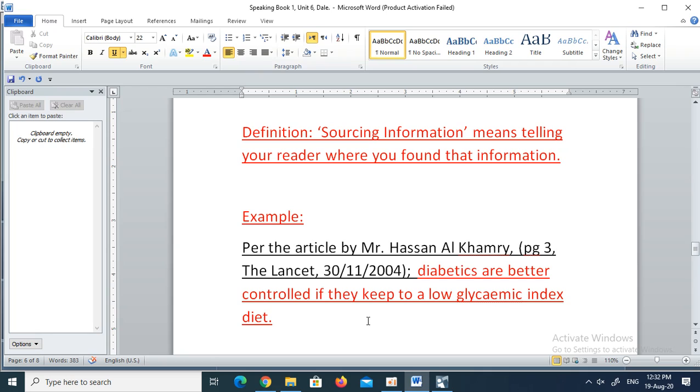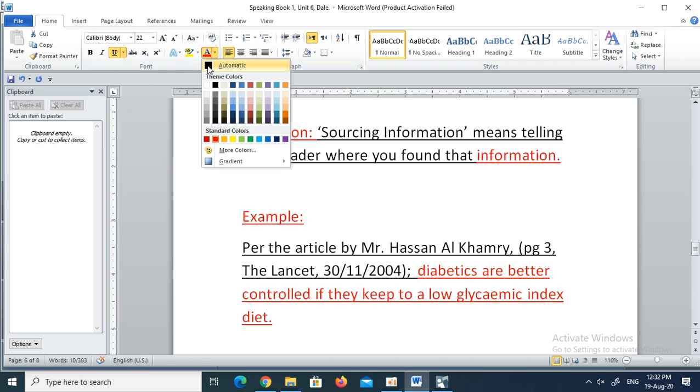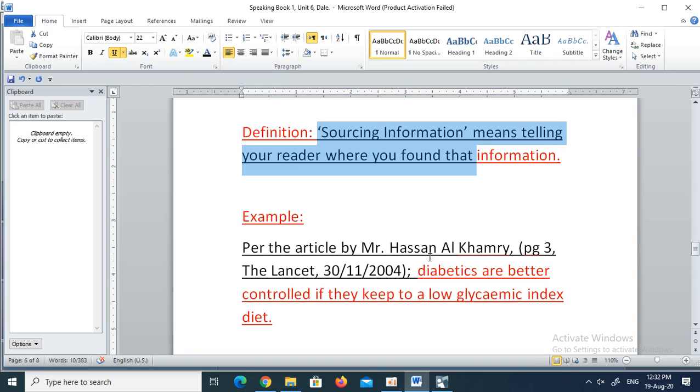Diabetics are better controlled if they keep to a low glycemic index diet. Okay, so the information that we are sourcing is this. Diabetics are better controlled if they keep to a low glycemic index diet. That is our information.